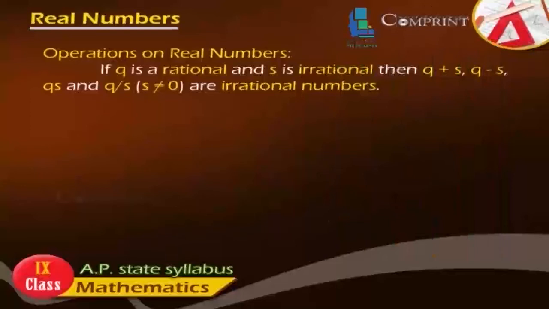Operations on real numbers. If Q is a rational and S is irrational, then Q + S, Q − S, QS and Q/S, where S is not equal to 0, are irrational numbers.